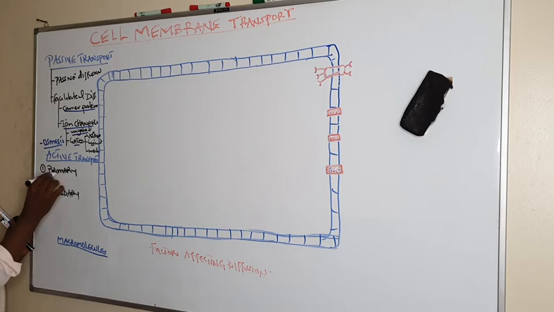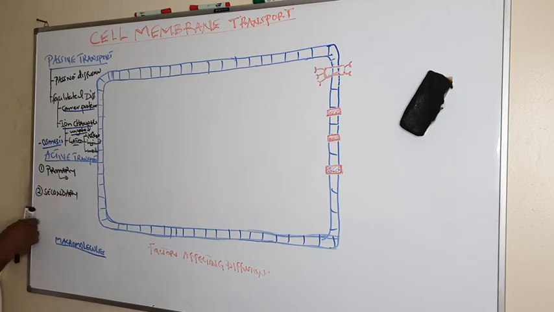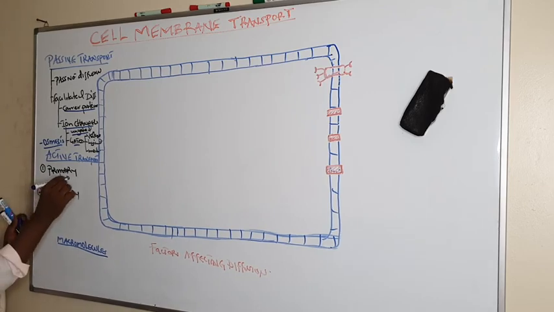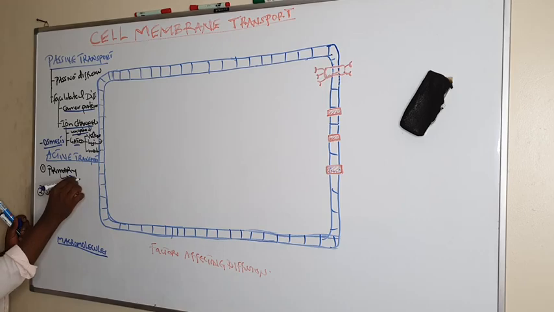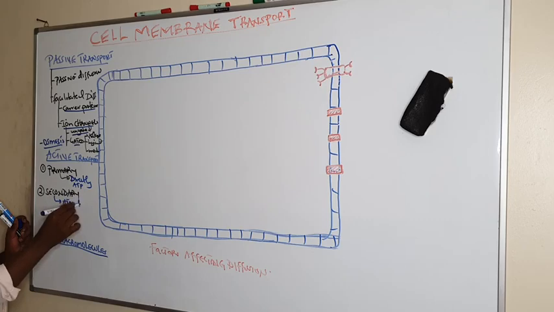Under primary, there is hydrolysis of ATP directly, but in secondary we utilize ATP indirectly, as we shall explain in detail as we move on.